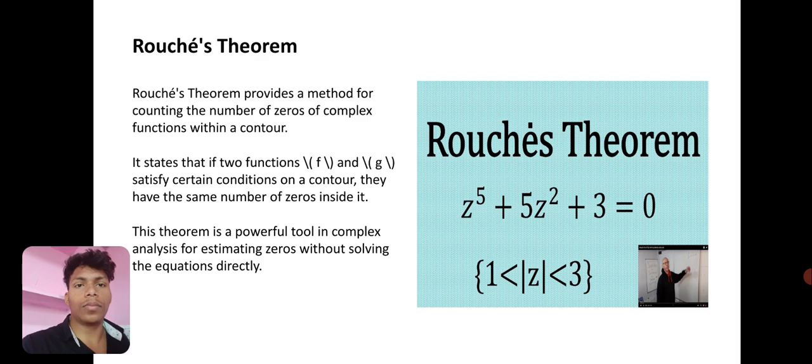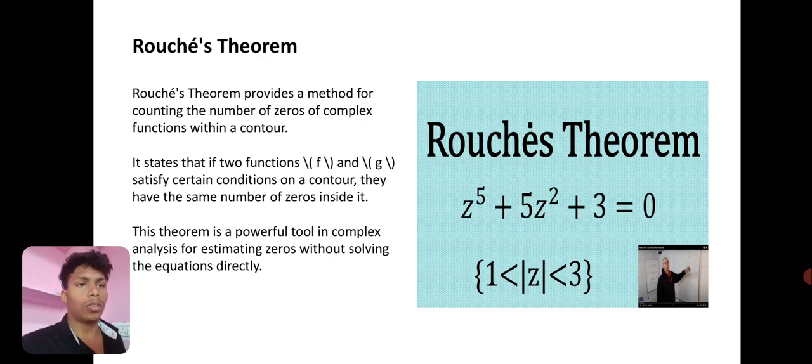Rouche's theorem. Rouche's theorem provides a method for counting the number of zeros of a complex function within a contour. It states that if two functions satisfy a certain condition on a contour, they have the same number of zeros inside it. The theorem is a powerful tool in complex analysis for estimating zeros without solving the equation directly.